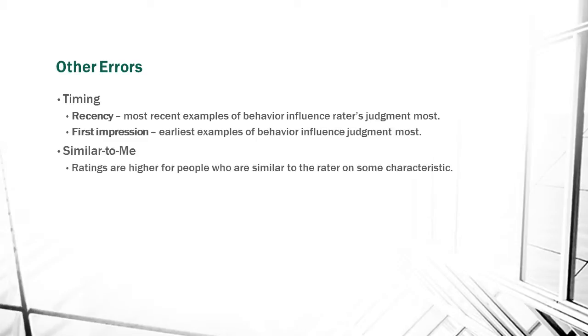And finally, we do see effects of similarity or liking. Ratings tend to be higher for people who are similar to the rater in some characteristic. There's been a lot of research looking at this in terms of demographic characteristics. There's some slight evidence that sometimes men tend to rate men higher, or women tend to rate women higher. If you have lots of other performance information, those effects tend to go away, but there can be more subtle similarity effects as well.